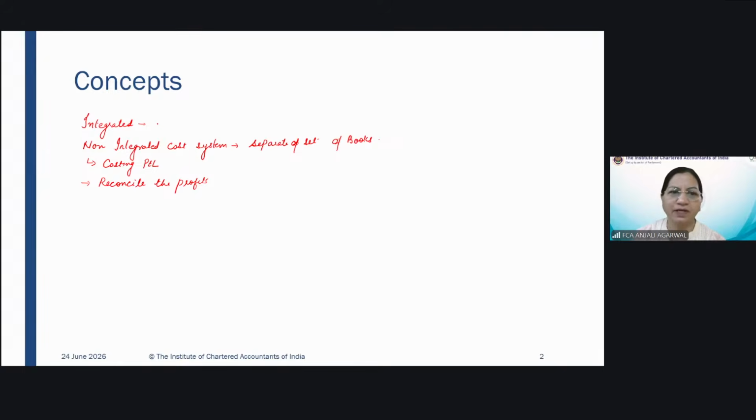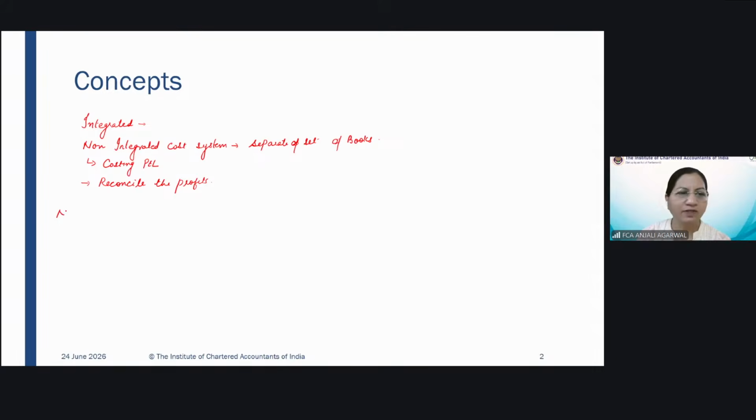The financials make their books and the cost accounting system picks up all the information relevant to maintain the cost accounts. However, in non-integrated, the books of accounts are separate and we will have two profit and loss accounts, one financial profit and loss account and the other the costing profit and loss account. So when the two show different profits, you need to reconcile those profits.